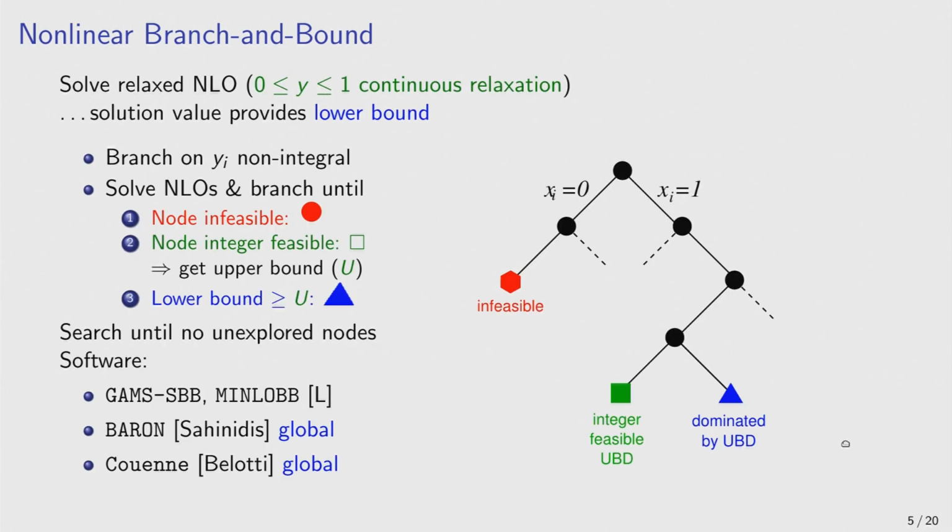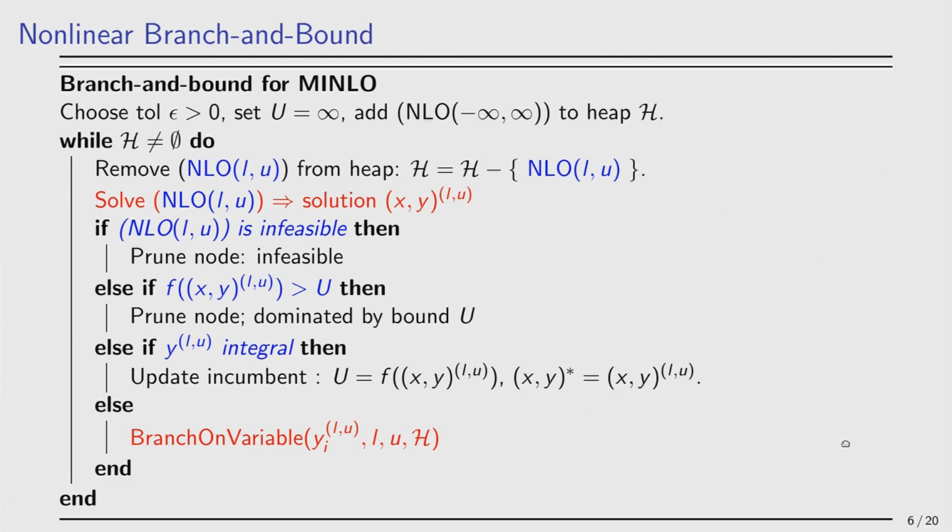And if it happens to be integral, so you have an integer solution, then you know that you have a new upper bound, right? Because it didn't satisfy this, so it's less than or equal to u. So at worst, it's just the same solution. Okay, and so you update your incumbent, your current best solution, and if that doesn't work, then you need to branch on any of the variables. You pick a branching variable, and choosing which branching variable to branch on is again a decision that's quite important in terms of the effectiveness of this algorithm.